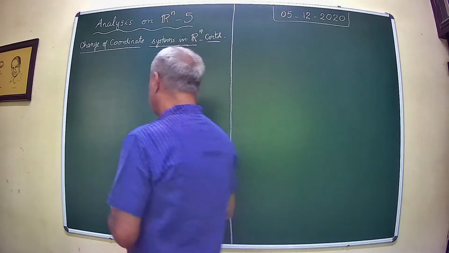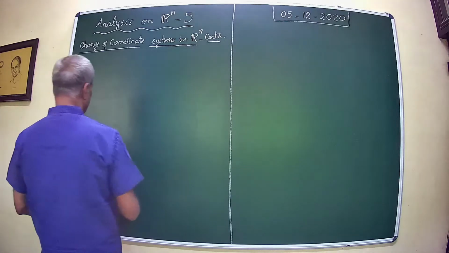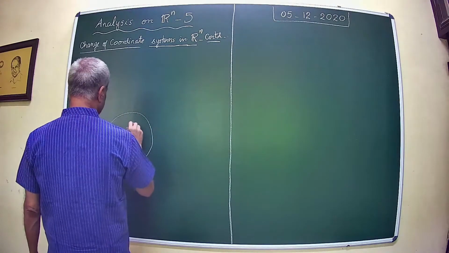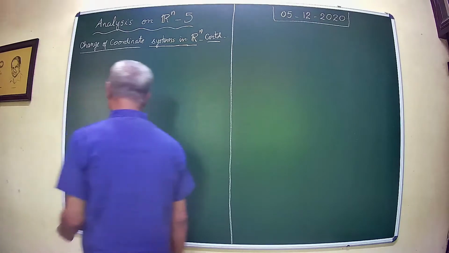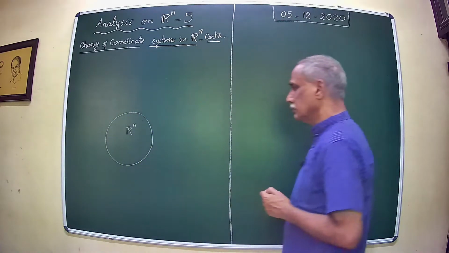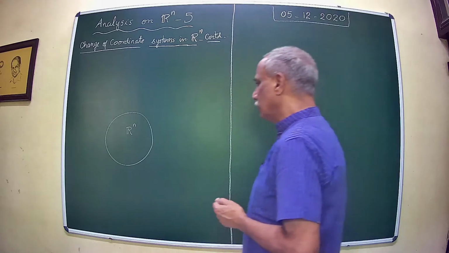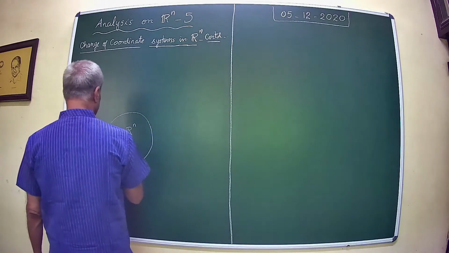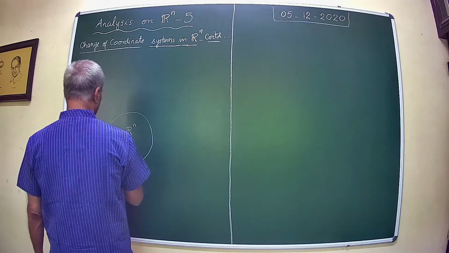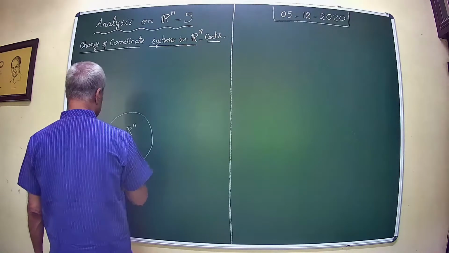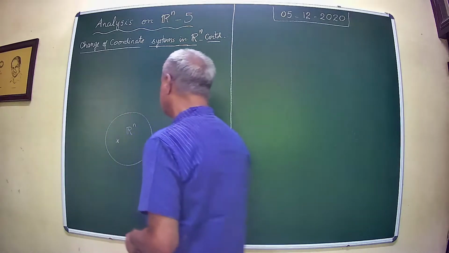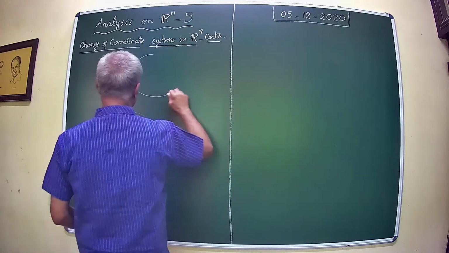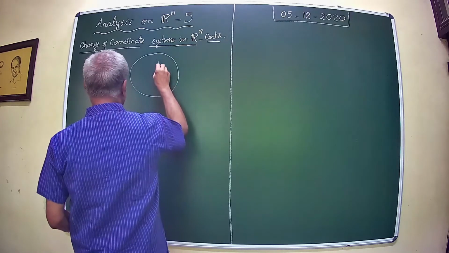Now let us first make an observation. Suppose this is a copy of R. Now denote a vector by x. I don't know how it looks. Now I can map it to another copy of Rn using the standard basis.